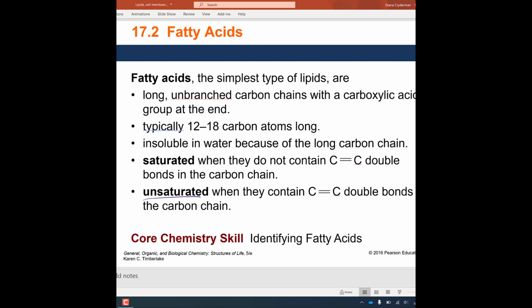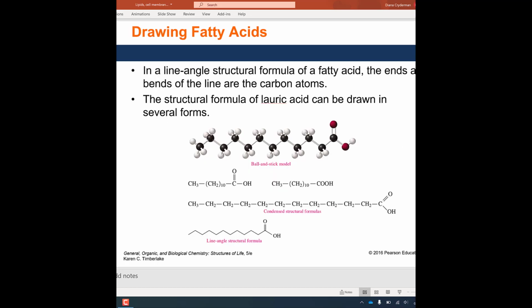Unsaturated means that it contains one or more carbon-carbon double bonds. We typically draw them with the line angle structure, although you can draw it in the condensed form like that. We might even see it more condensed, where we draw a bunch of these CH2s together and just say that there's 10 of them there.